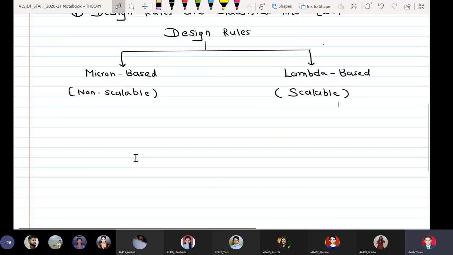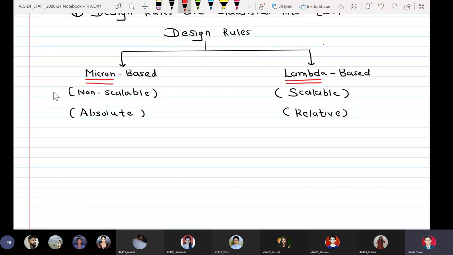So non-scalable means absolute and scalable means relative. Okay, so it is important to note that design rules are classified as Micron-based or Lambda-based rules. Micron-based rules are called as non-scalable or also absolute rules, and Lambda-based rules are known as scalable rules or relative rules.